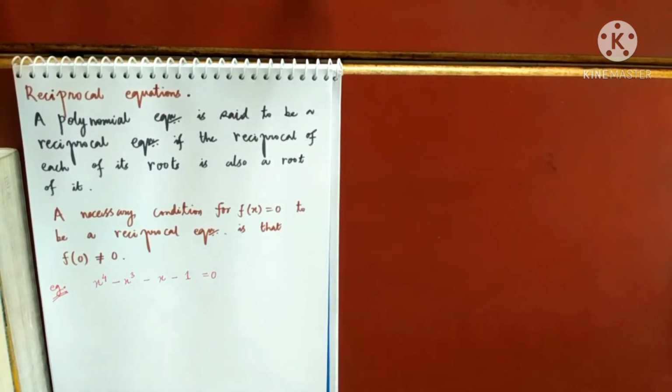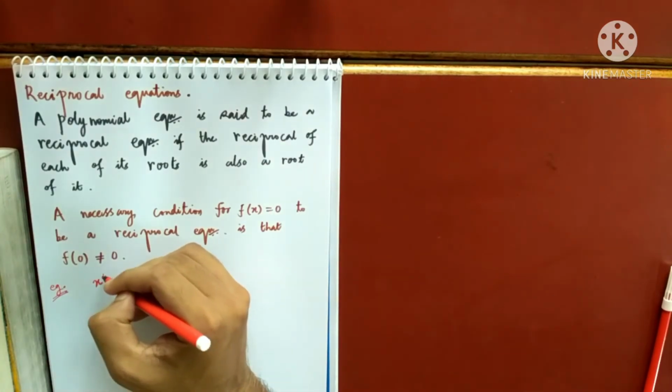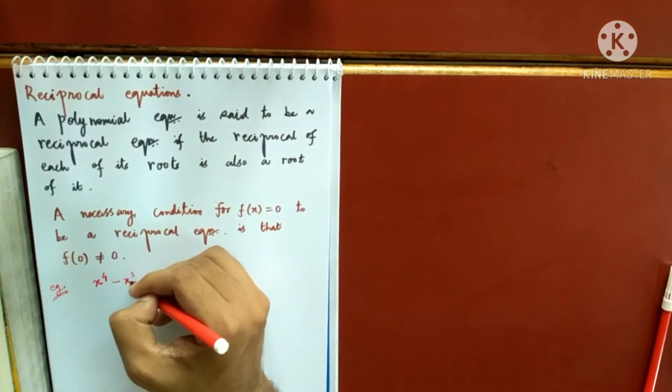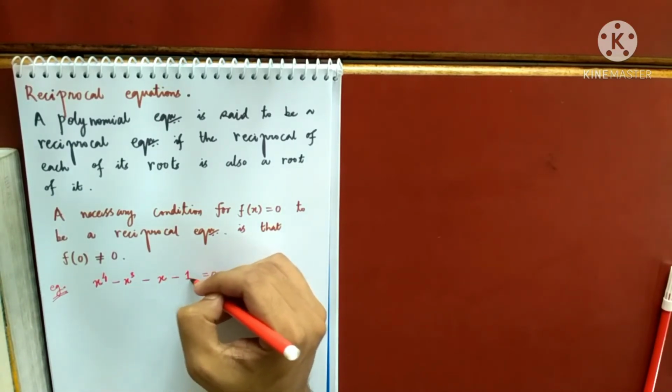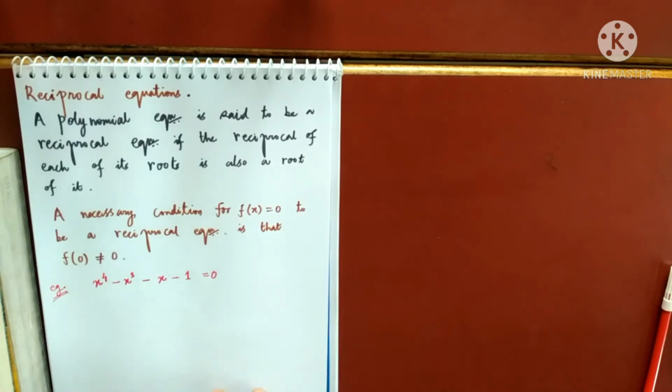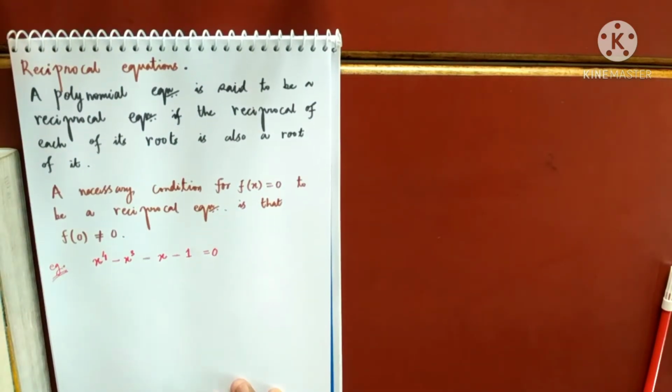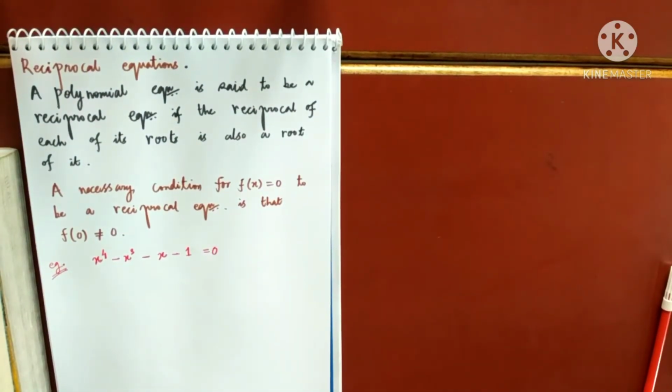So look at this equation. It's not visible properly. Hold on. So x to the power 4 minus x cube minus x minus 1 equals 0. So I am asking you whether this is a reciprocal equation or not.